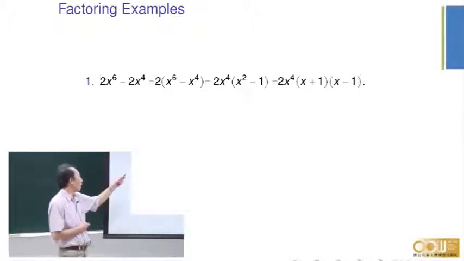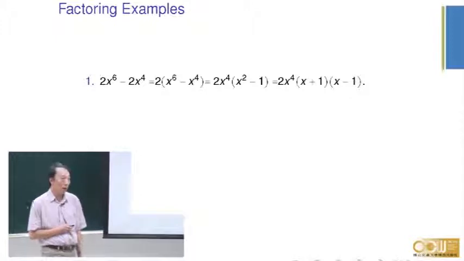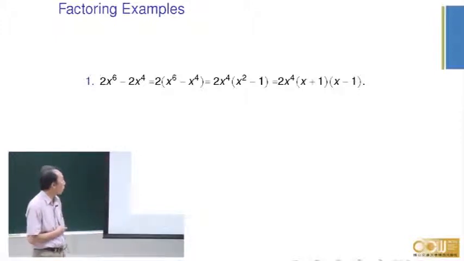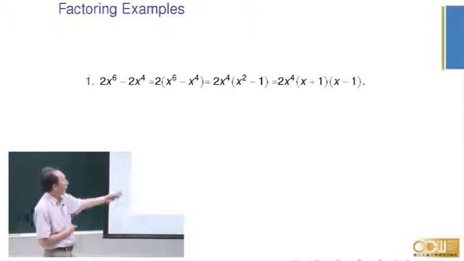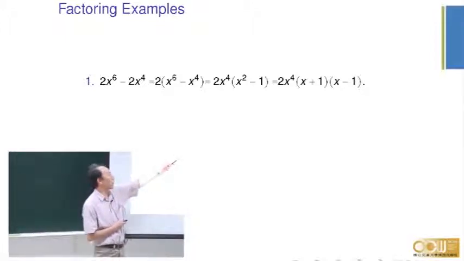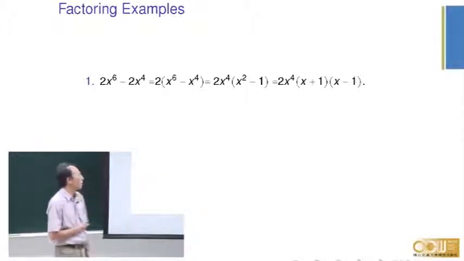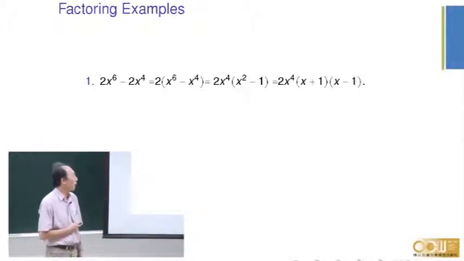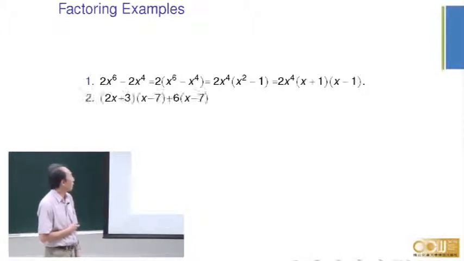For the monomial terms, x to the power of 6 and x to the power of 4, their common factor is x to the power of 4. So here are the steps we do there. And here we're using the difference of squares to factor x squared minus 1 into x plus 1 times x minus 1.